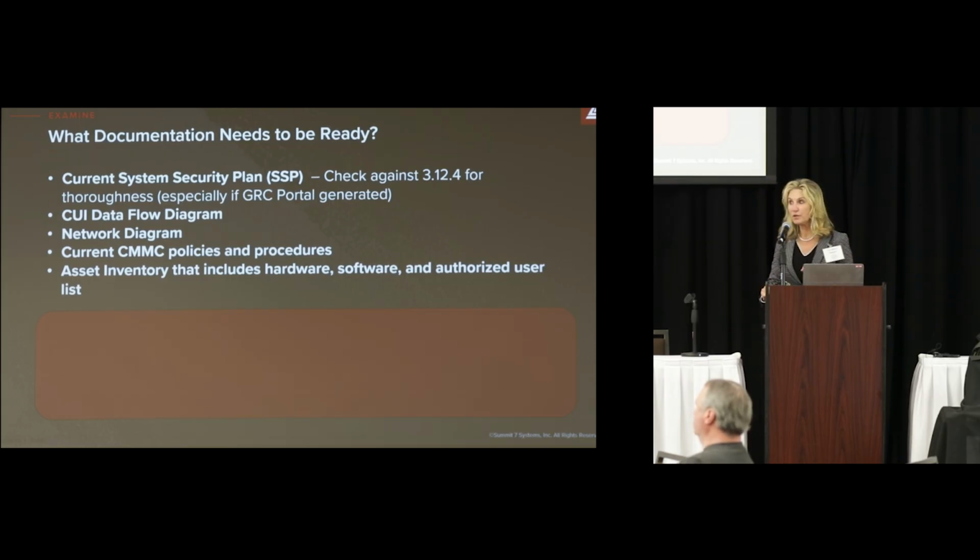The most important thing that you're going to be providing up front, and that you want to do that mock assessment or the preparation assessment against, is the system security plan. This is where you will catch items that haven't been detailed to the extent that they should. Now there's a control 312.4 that is about the system security plan.